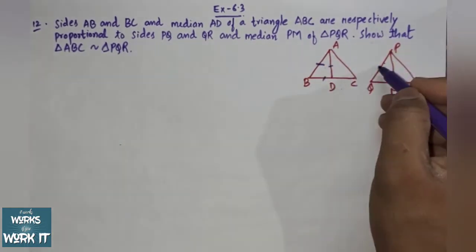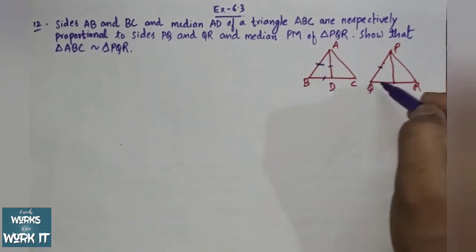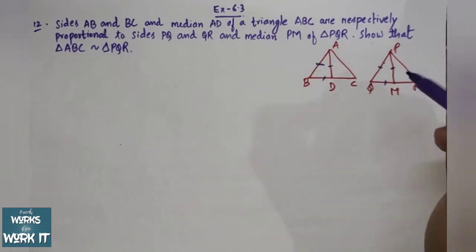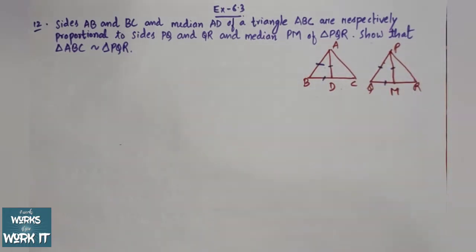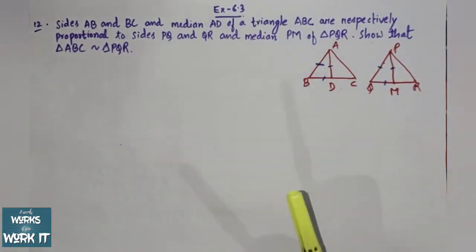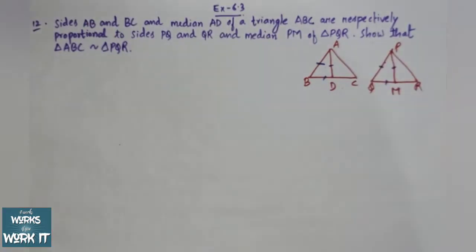So AB is proportional to PQ, then BC to QR, and then AD to PM. These are the things that are given in proportion. Now we will start our solution.